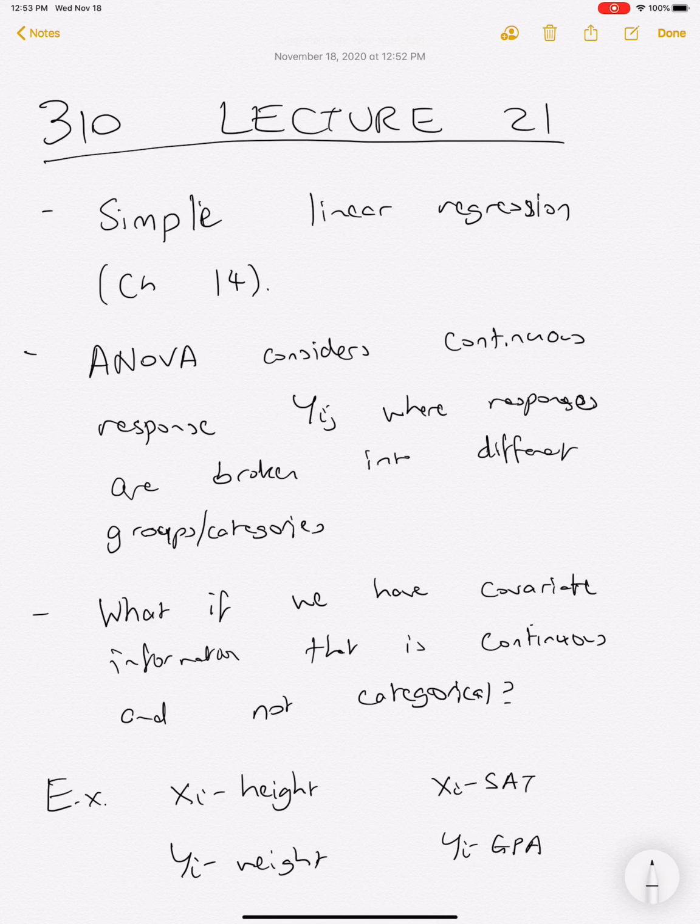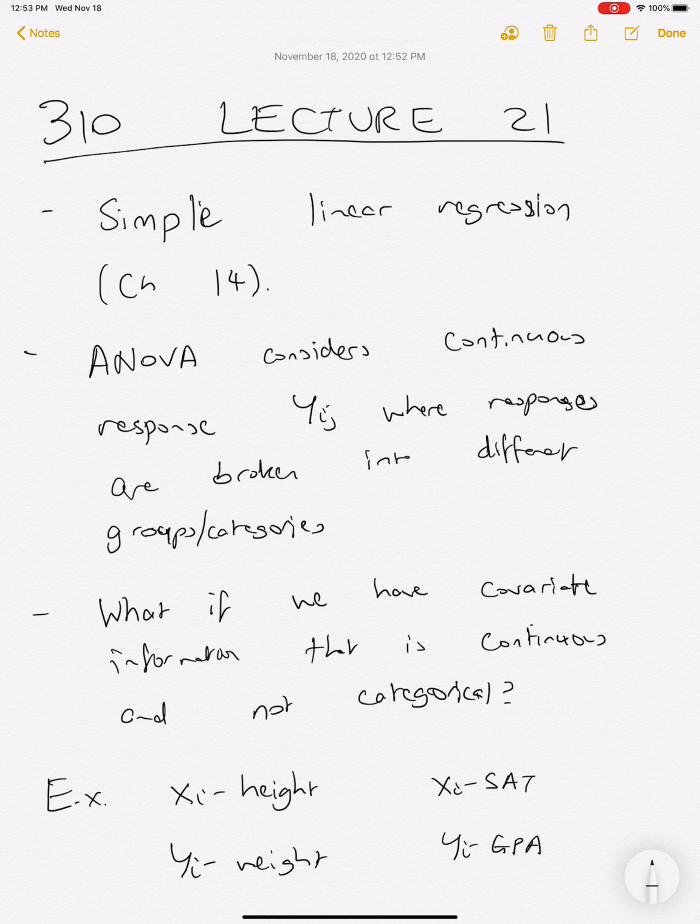So in the previous couple of lectures, we covered ANOVA, which was in Chapter 12, and that was a way of dealing with the scenario where you have responses Yij, where i is a sample index, but j potentially indicates that you're in a different group. So it might indicate which state you're in.